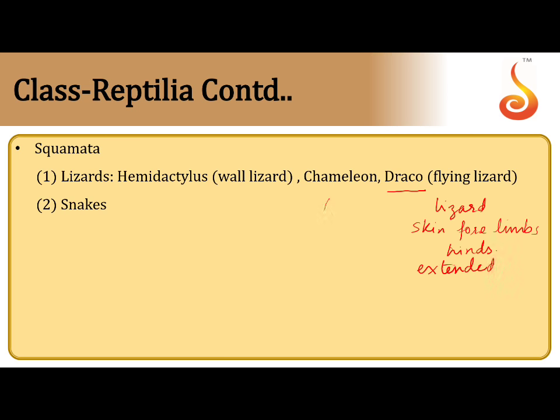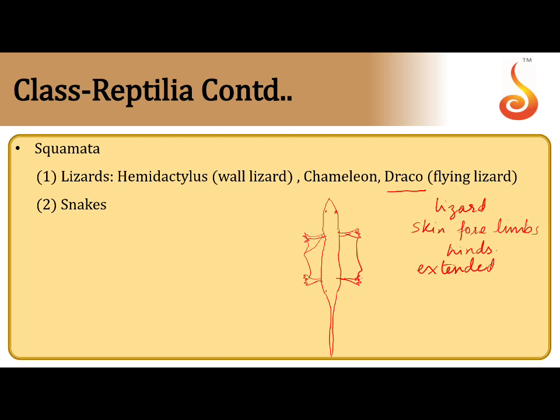So if we consider this to be a lizard, and this is the forelimbs of the lizard, and this is the hind limbs of a lizard, the extended region of skin appears like wings.